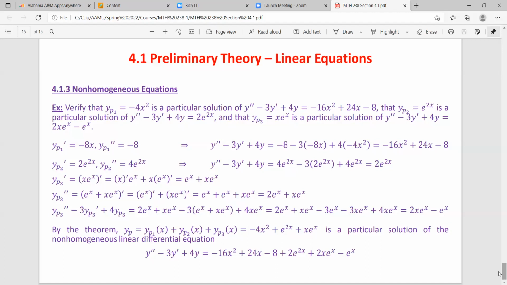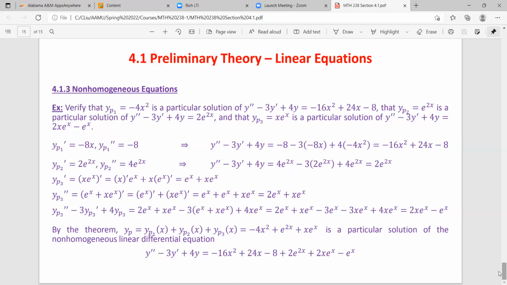So plug those into the differential equation on the left side. We get y double prime minus 3y prime plus 4y equals negative 8 minus 3 times negative 8x plus 4 times negative 4x squared.